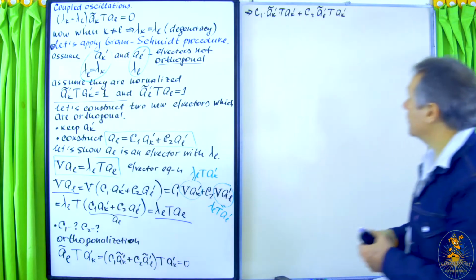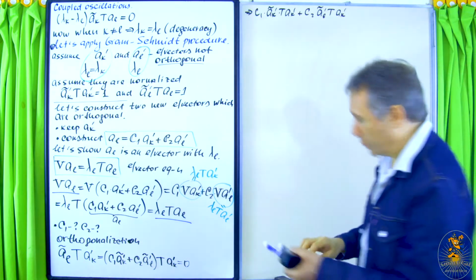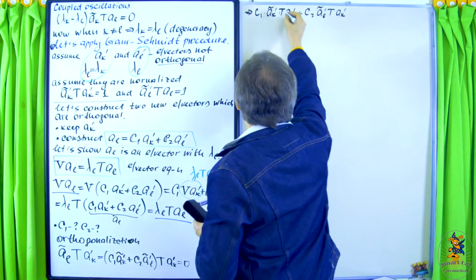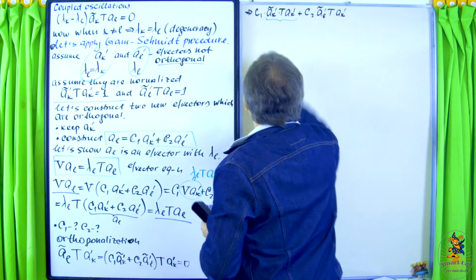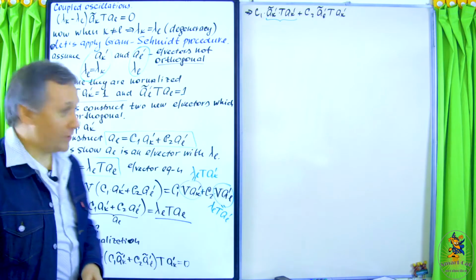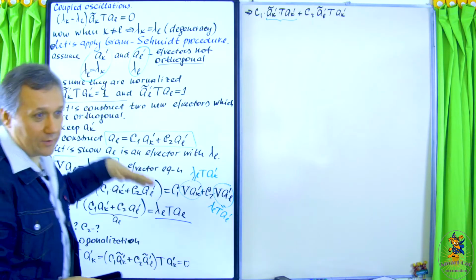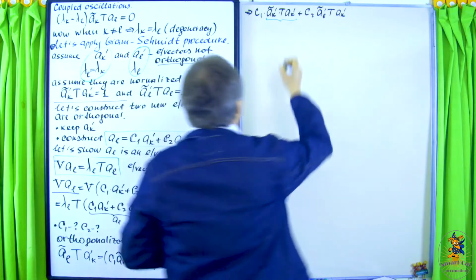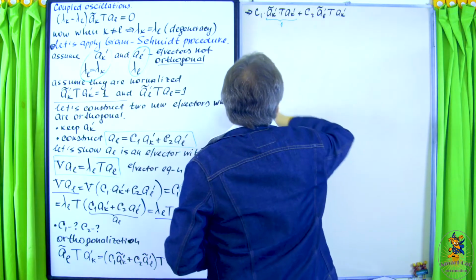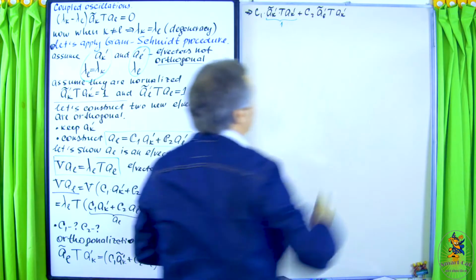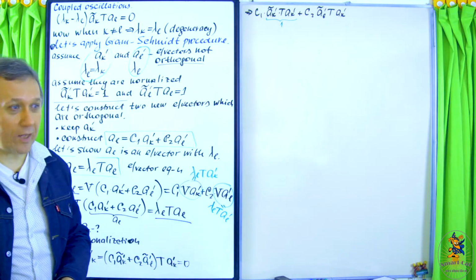Okay, so now obviously this is the normalization, which we assumed from the very beginning, right? Which can be easily done again from the very beginning. So this is just one, and that one needs to be calculated.